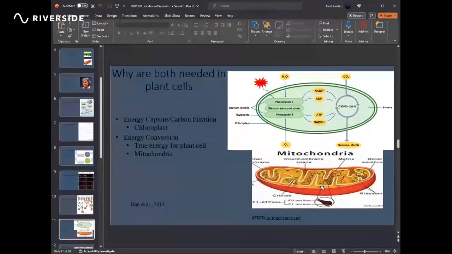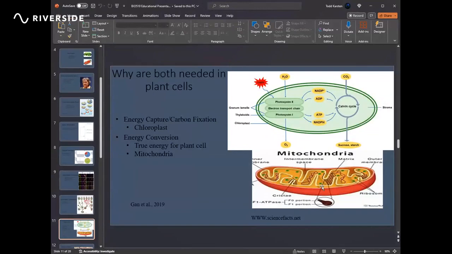The big part of these misconceptions is, why are both of these actually needed in plant cells? Energy capture and carbon fixation is done by the chloroplast, and then energy conversion, true energy for the plant, is done in the mitochondria. The chloroplast is needed to capture the incoming solar radiation.